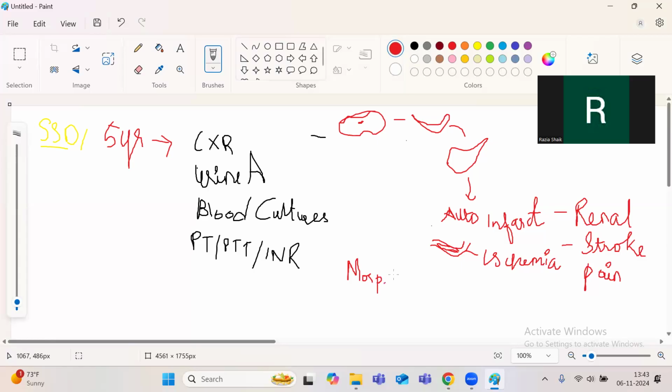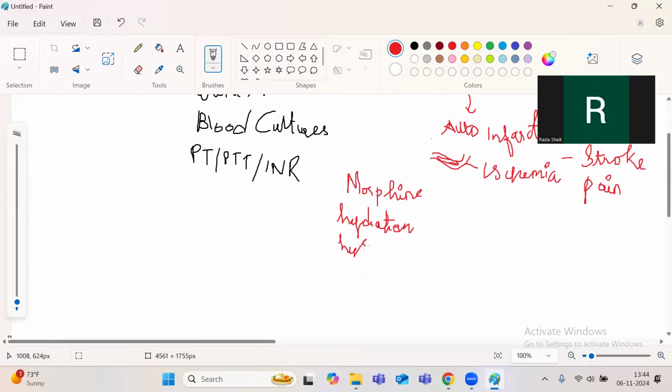Now, in order to knock out the sickling in the body, we always want to hydrate the patient. Okay, hydration. This is paramount. Hydroxyurea to cause a conversion. This will also enhance the HbF production.